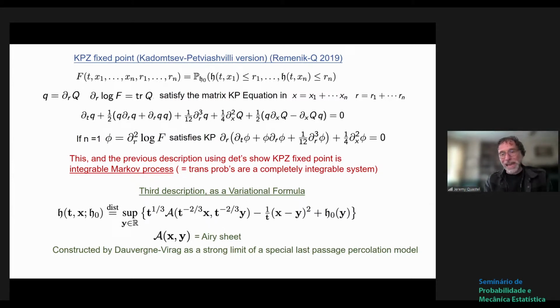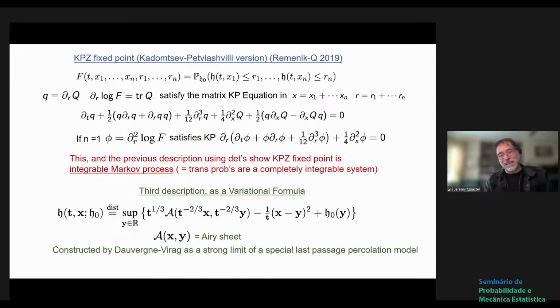And from my picture of this thing being a completely integrable Markov process, it's very mysterious why his formula should exist at all. But his formula does exist. So there are two possible scenarios. One is that this thing is way more integrable than we think, and there are formulas like the ones you're talking about. And the other possibility is that there's some crazy coincidence for narrow wedge initial data so that you have multi-time formulas. And we don't know one from the other.